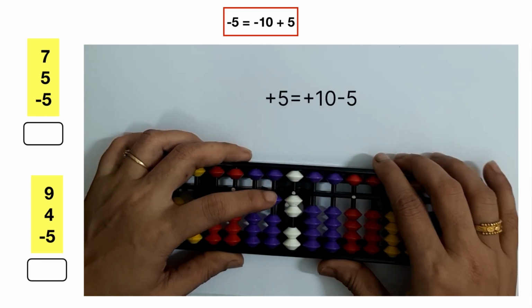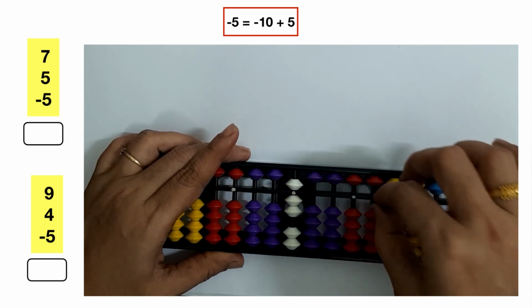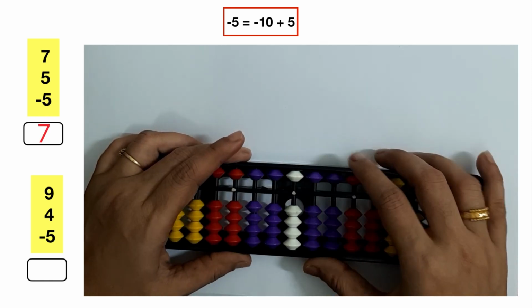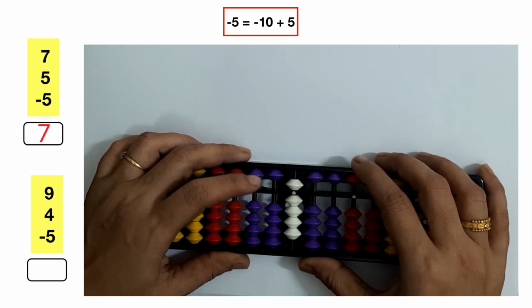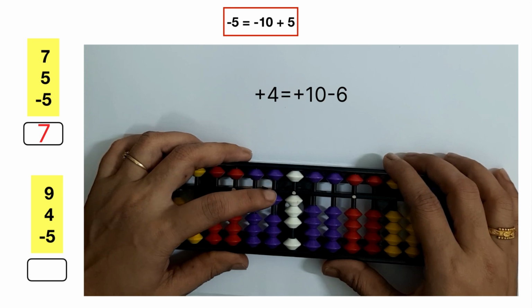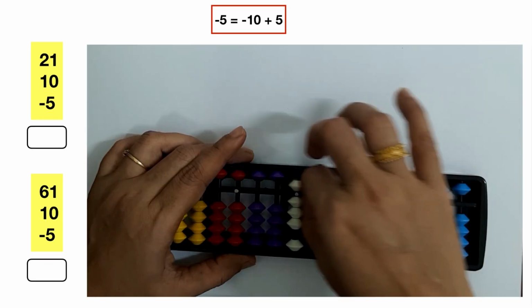Minus 5 is minus 10 plus 5. The answer here is 7. Next example, 9 plus 4 minus 5. 9 plus 4 is plus 10 minus 6. Minus 5 is minus 10 plus 5. So, the answer here is 8.